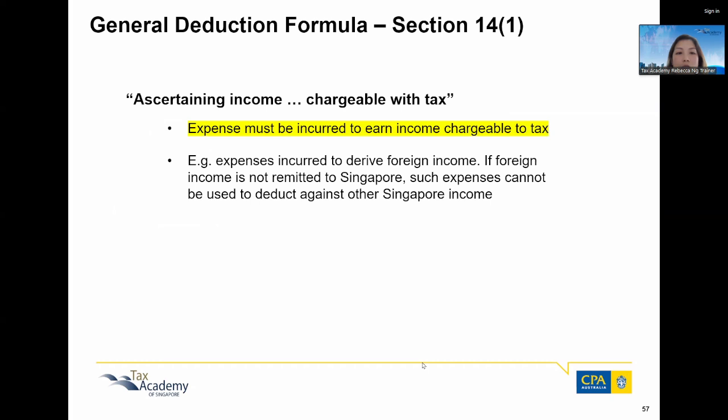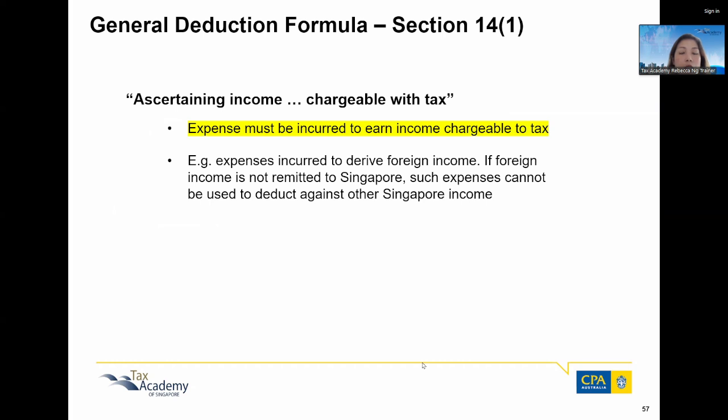The other part of the formula, right? So in Section 14(1), it says to ascertain the income chargeable with tax. So we want to know, for that particular income that is chargeable to tax, what are the expenses incurred to earn it? That means we must be able to identify which income these expenses are for. Then if the expenses are for multiple incomes, we will look at the other rule.